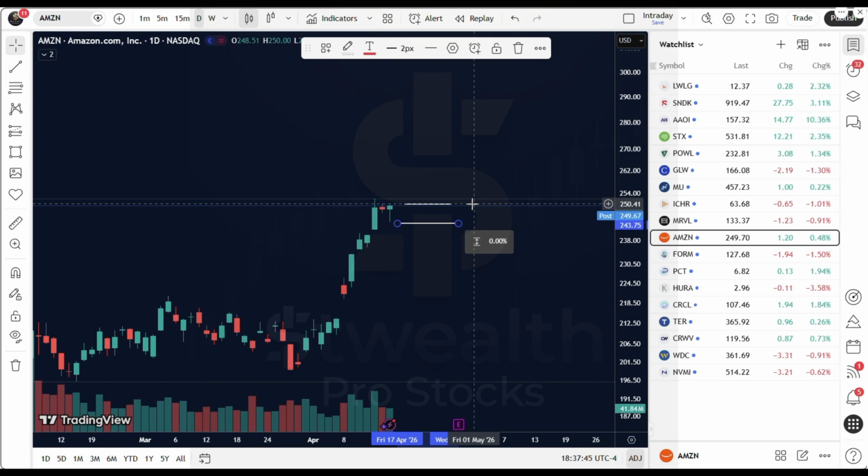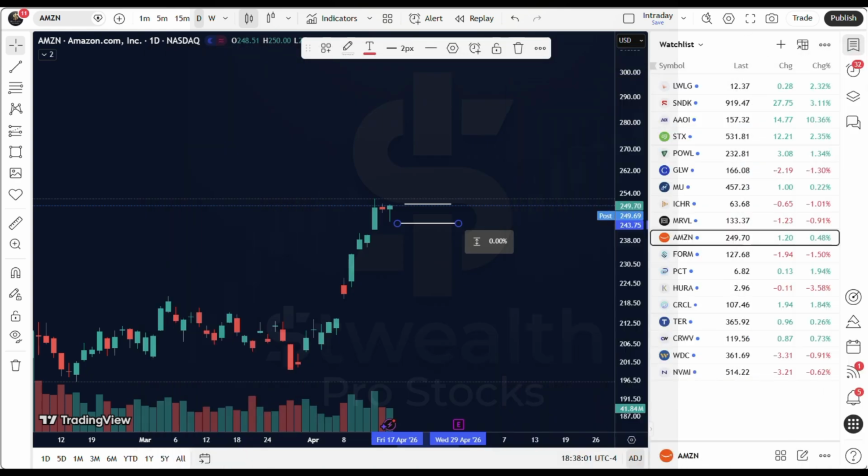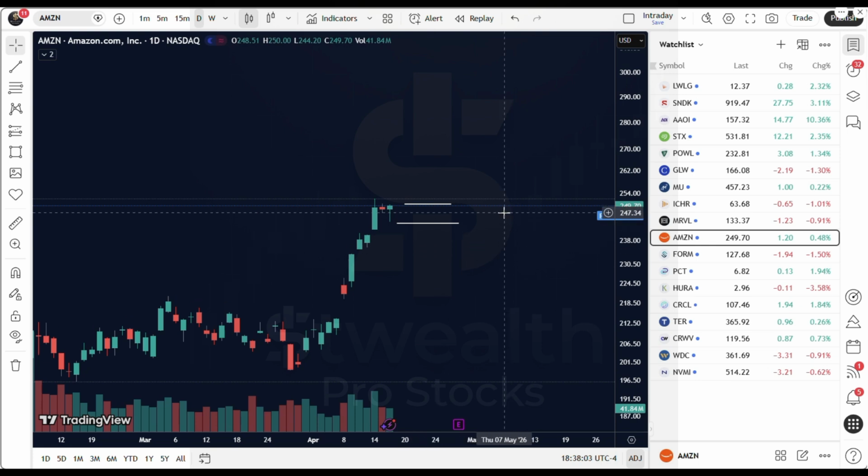But regardless, your account risk is not going to change. Your account risk is going to be just $50, because mine is a $10,000 account. Assuming the risk per share is lower, then it allows me to take more shares.